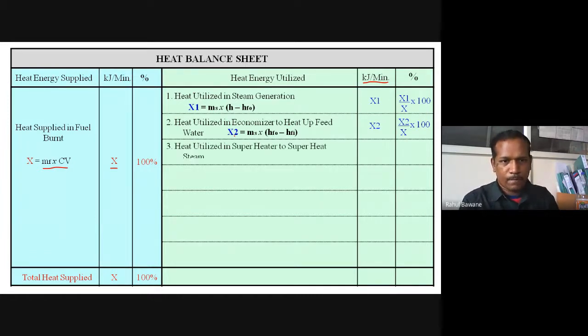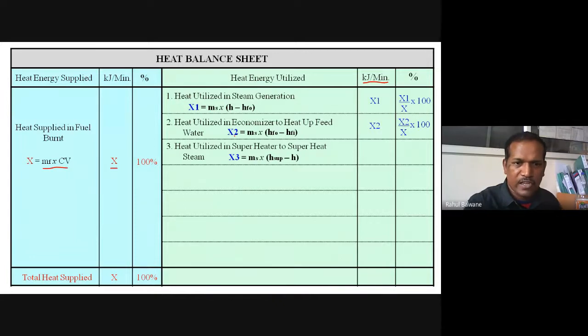Now the third head, heat utilized in the superheater to superheat steam. Here also we assume that whatever the steam generation, that total steam is directly supplied to the superheater. So in a boiler, steam generation MS, that amount is supplied to the superheater. So the amount of steam superheated is always equal to the amount of steam generation, which is always equal to the amount of top-up feed water.